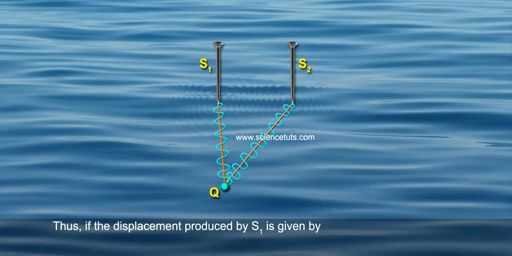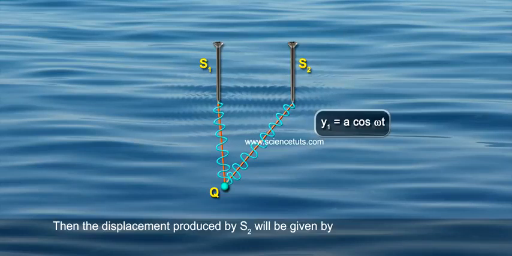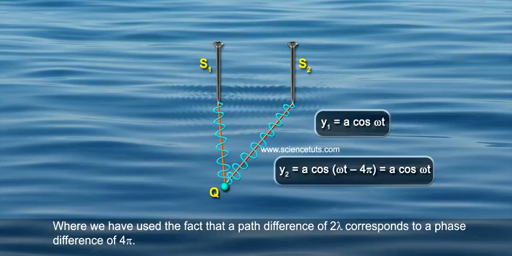Thus, if the displacement produced by S1 is given by y1 equals a cos omega t, then the displacement produced by S2 will be given by y2 equals a cos(omega t minus 4 pi) equals a cos omega t, where we have used the fact that a path difference of 2 lambda corresponds to a phase difference of 4 pi.